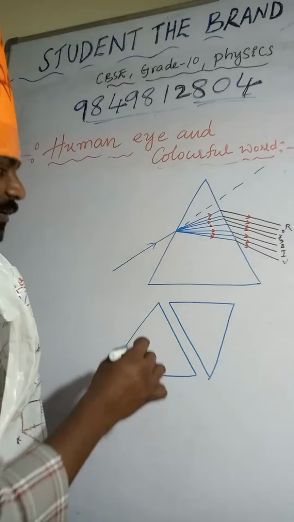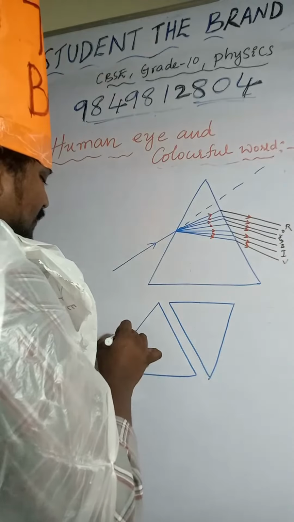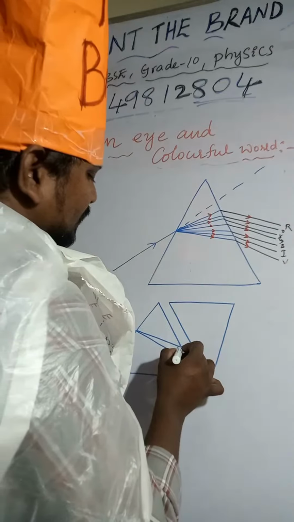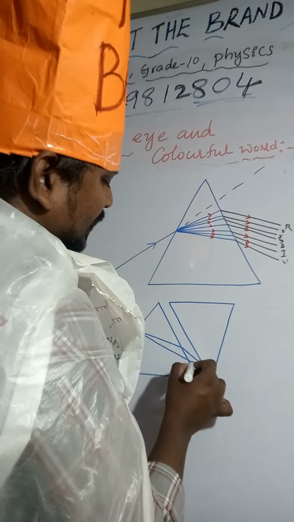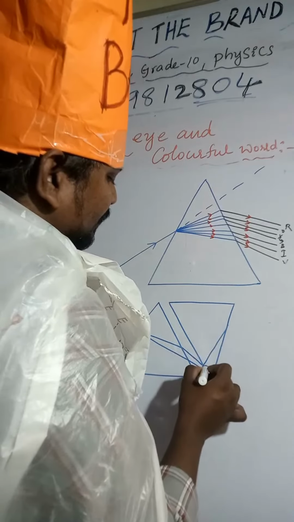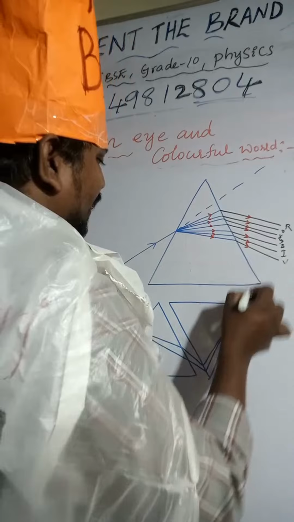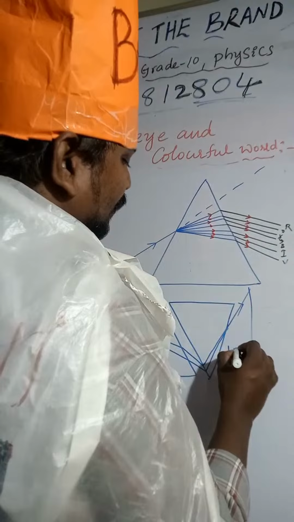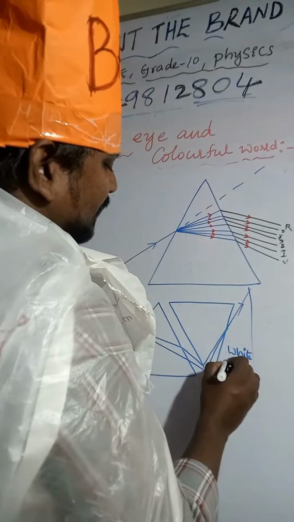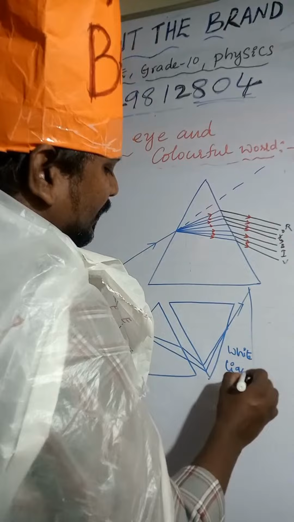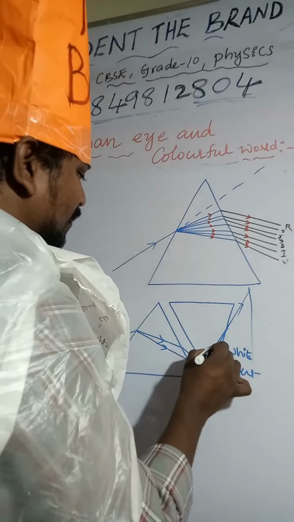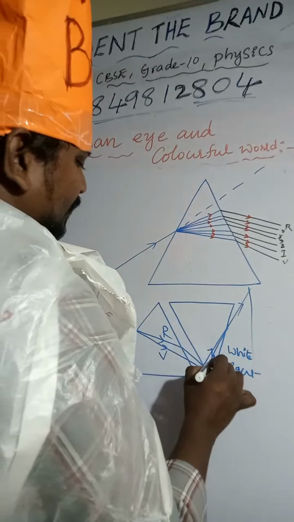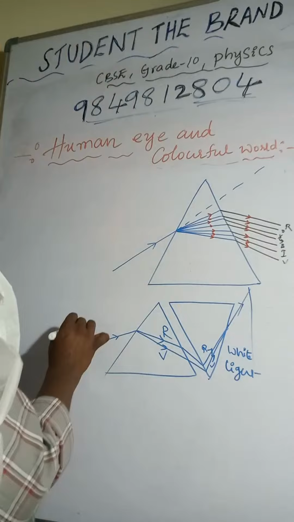Then when he sent the light ray, it split into 7 colors, violet to red. After that, those 7 colors combined, and on the screen it was white light.